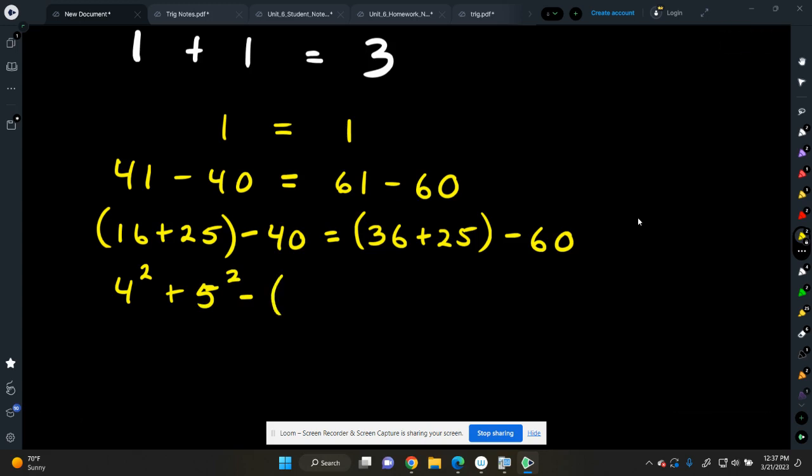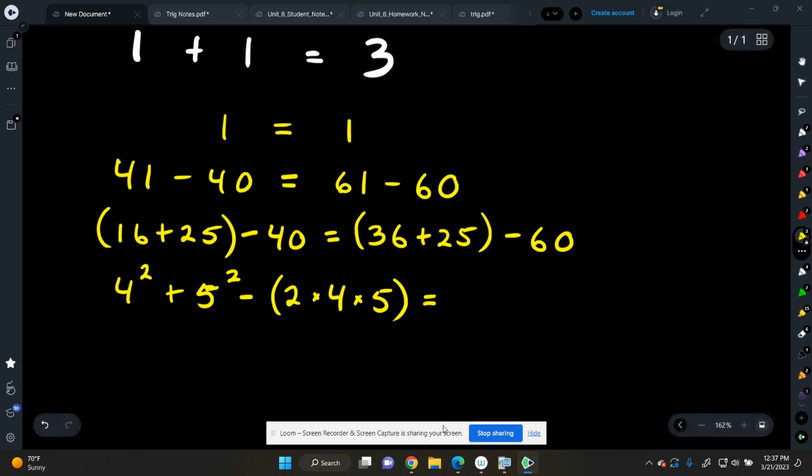We're going to write it as 2 times 4 times 5. Do you agree that that equals 40? Yes. So basically I have 4 squared, I've got 25, and 5 squared, minus this.